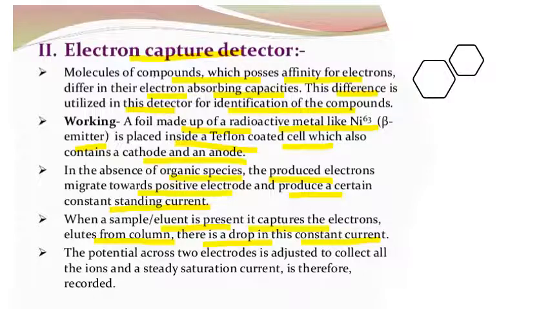The decrease in current occurs on the basis of electron absorbing capacity, and the potential across the two electrodes is adjusted to collect all the ions, so that the steady saturation current keeps being recorded.